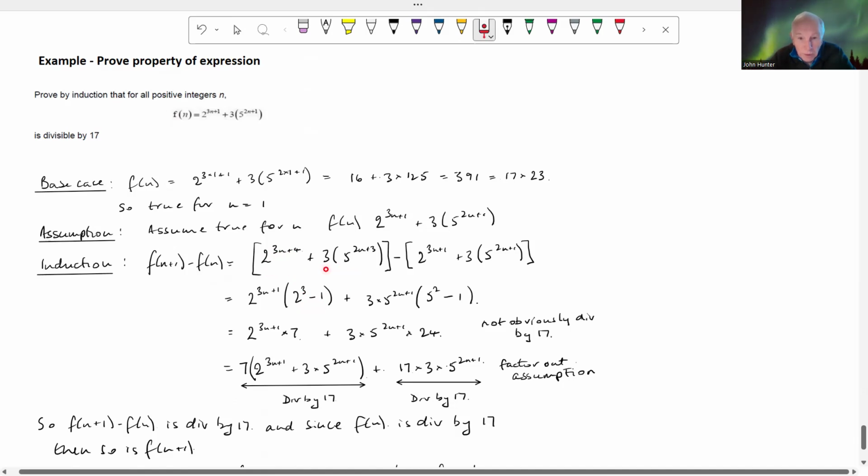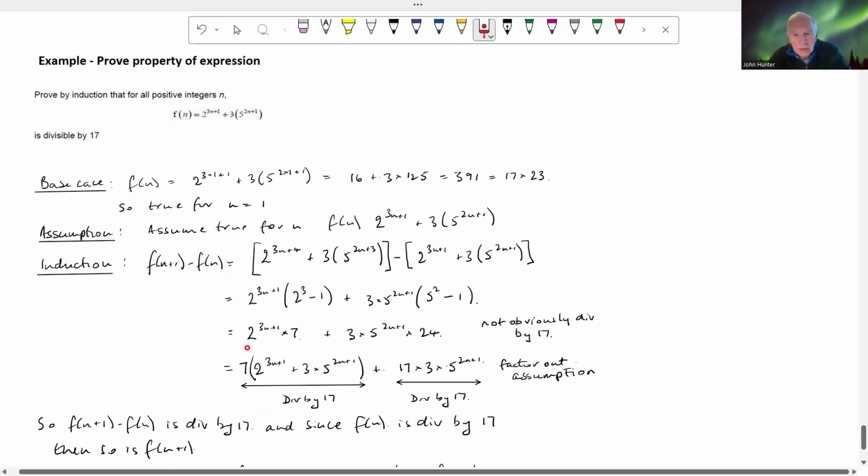And likewise with these two terms, this one effectively gives us a 5 squared, so 3 times 5 squared times 5 to the power of 2n plus 1. So we can factorize that out, leaving 5 squared minus 1. Working that through, we get 2 to the power of 3n plus 1 times 7, and 3 times 5 to the power of 2n plus 1 times 24.